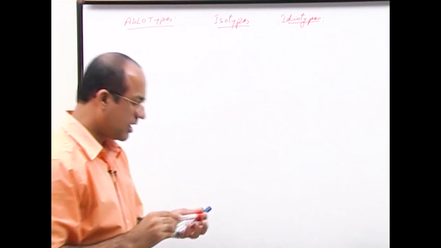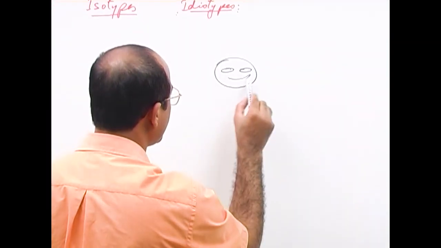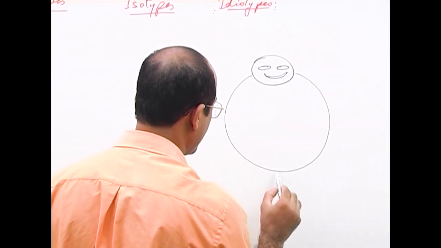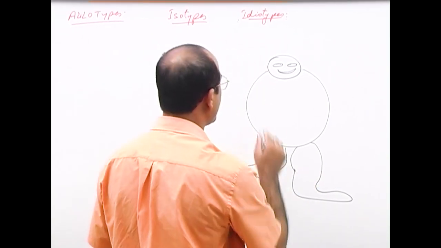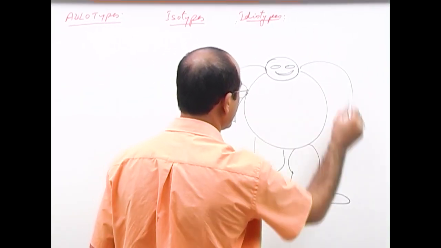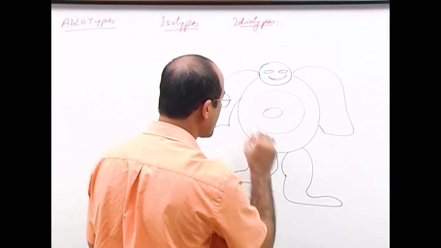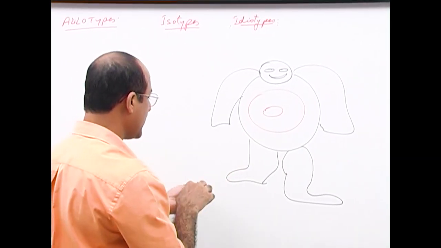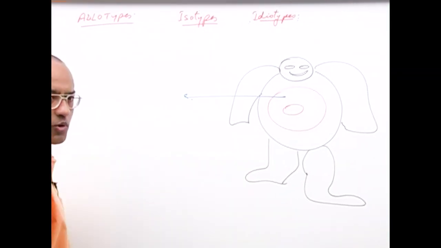Now listen, let's suppose here you are. And from your circulatory system, we remove all the antibodies. We remove all the immunoglobulins.